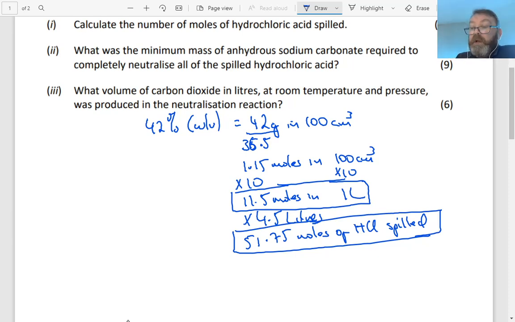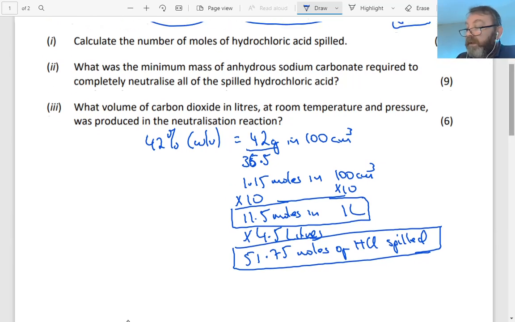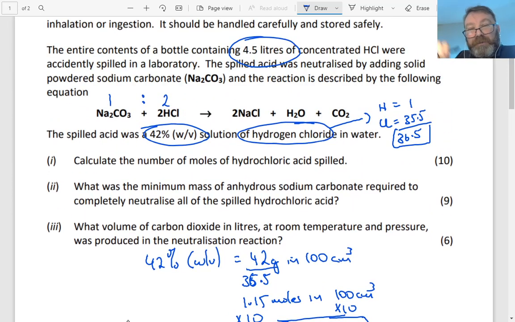Now, part 2. What was the minimum mass of anhydrous sodium carbonate required to completely neutralize all of the spilled hydrochloric acid? Now that is looking at the relationship, the reaction, or the ratio between sodium carbonate and hydrochloric acid. Go back here. We have a ratio of reaction. The ratio of reaction between the acid and the sodium carbonate is 2:1.